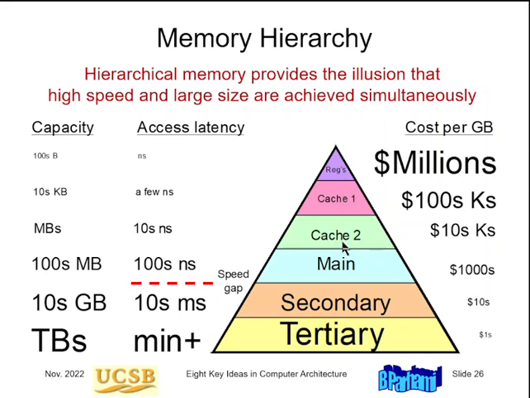Then cache 1, cache 2, sometimes cache 3, then the main memory, then secondary memory, which is typically a mechanical magnetic recording disk, and often nowadays it's also solid state disk, which is much faster, and tertiary memory, which is basically the archival memory. And as we go down this pyramid, the capacity increases and the speed decreases.